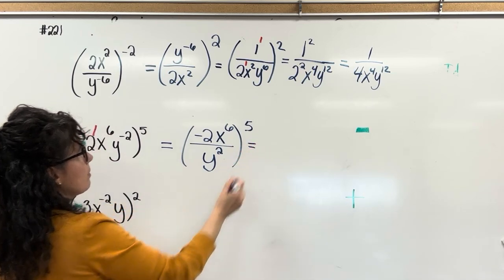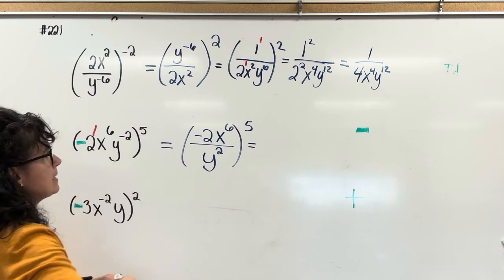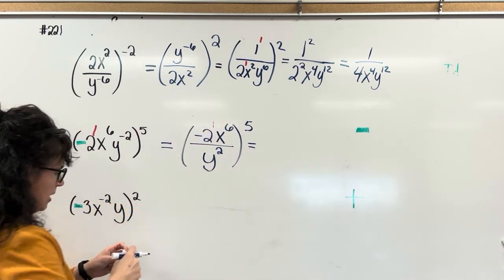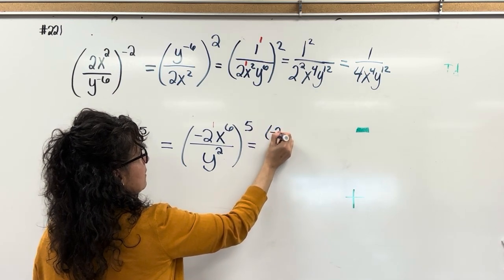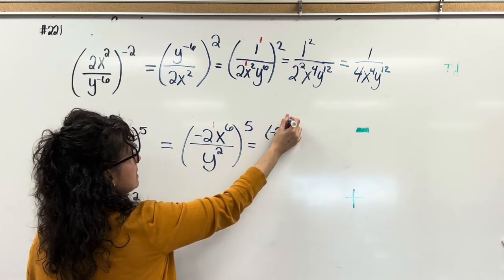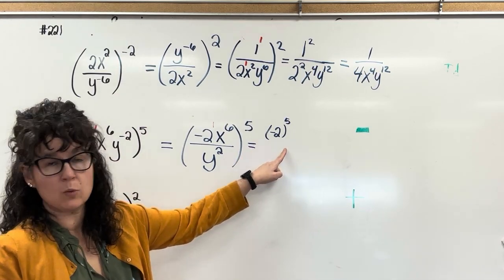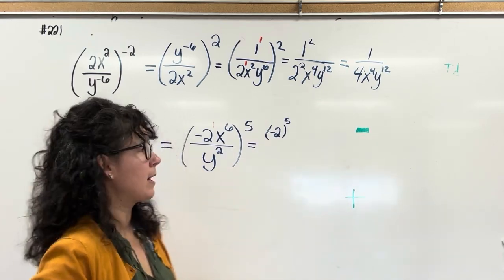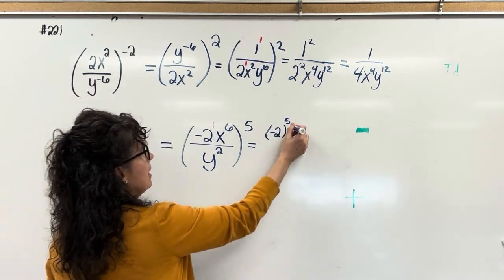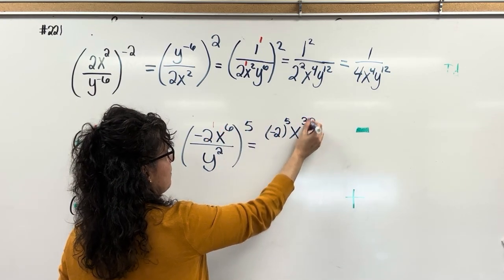Okay, then let's go with power to a power multiply. One more time emphasizing that this 2 is to the first. So if I have negative 2, 1 times 5 is 5. If you forget to put the parentheses here, this is where you can accidentally make a sign error. So I know my final answer already is negative. And then power to a power multiply, 6 times 5 is 30.